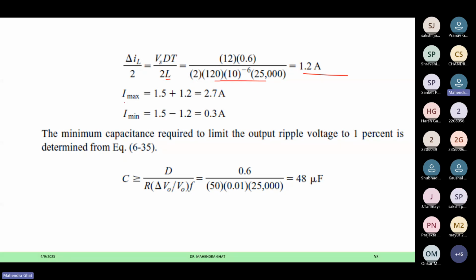And for that, I max is 2.7, I min is 0.3. So it is above 0, so it is in continuous conduction. The capacitance formula we can directly use. Here the ripple is given as 1%, which is nothing but 0.01. If I put in all these values, 48 microfarad is the capacitance requirement.